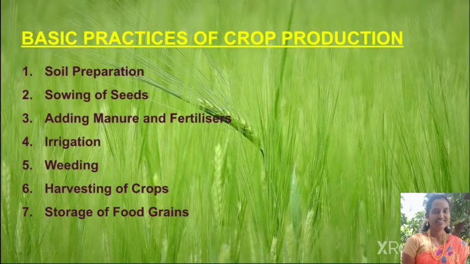There are many practices which should be done by the farmer to produce the crops. So we will learn about all these seven practices in detail: soil preparation, sowing of seeds, adding manure and fertilizers, irrigation, weeding, harvesting of crops, and storage of food grains.